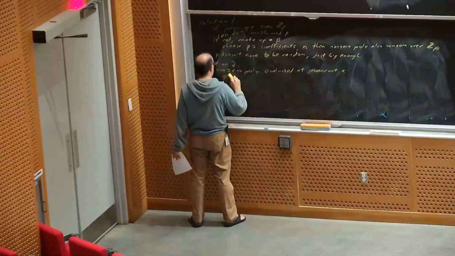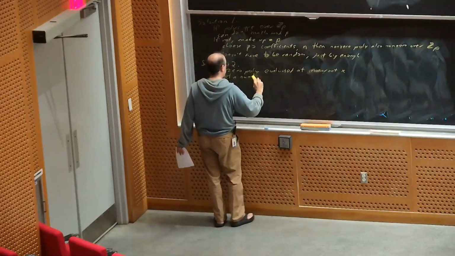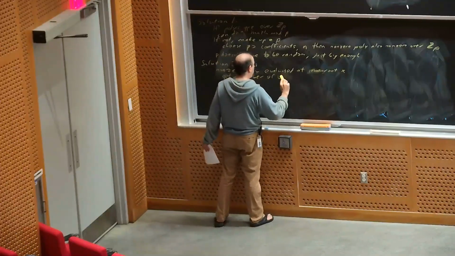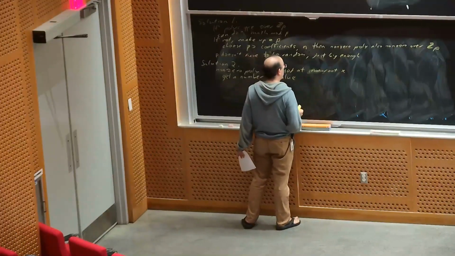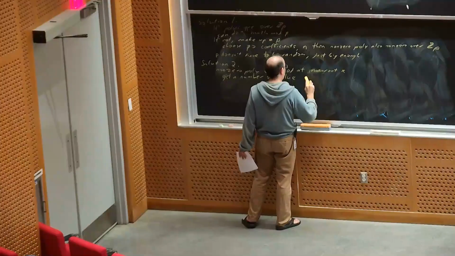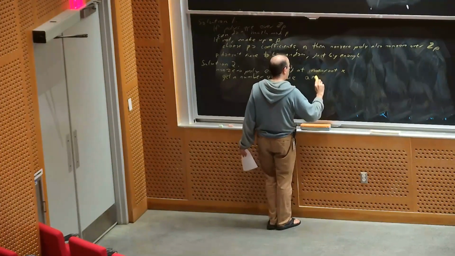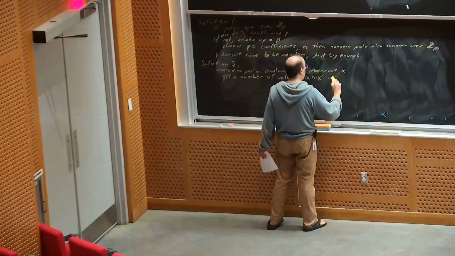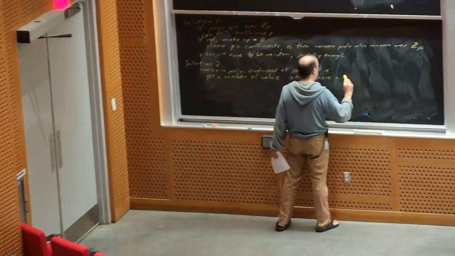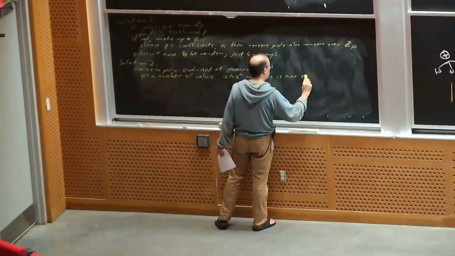So we get a number of value, let's say a times n times x to the n, where a is the max coefficient.